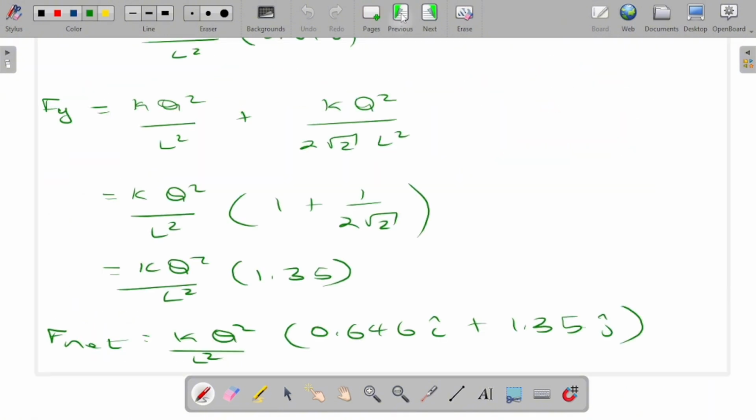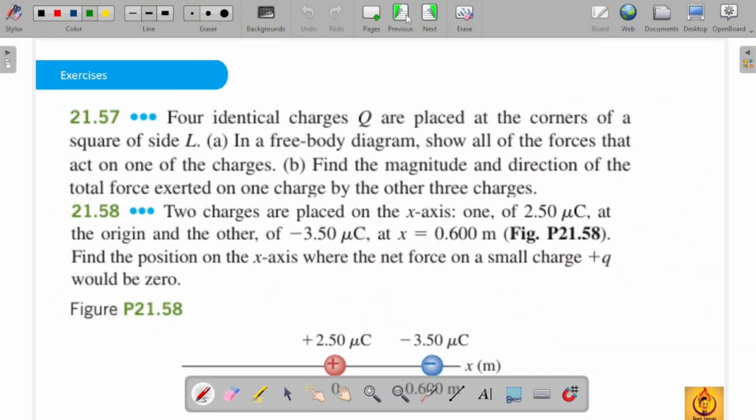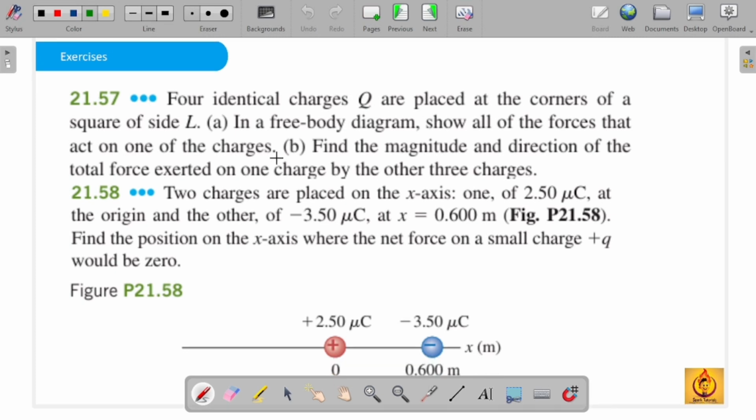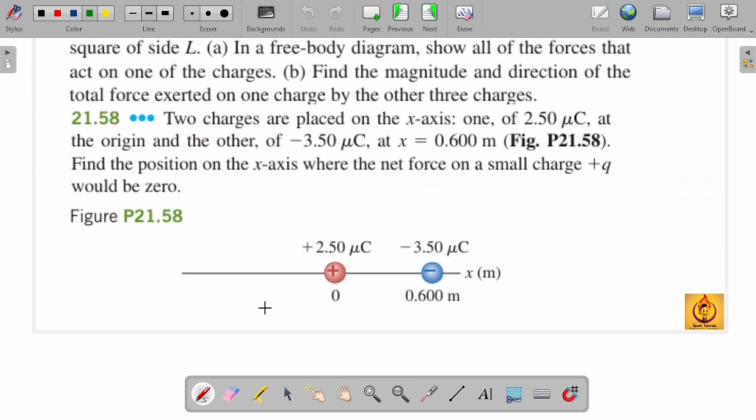21.64. Okay, I think there's a question that we skipped. 21.58. Who is responsible? Sorry. We said on our next session, we are stopping with the exercises and we are starting Gauss's law.